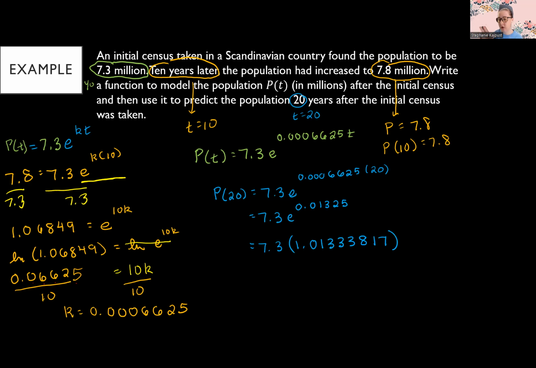And then I want to multiply that by 7.3. So the last step is to do multiplication. And that gives you 7.397368641. Now we are predicting a population. So this is in millions because the population numbers were all in millions.